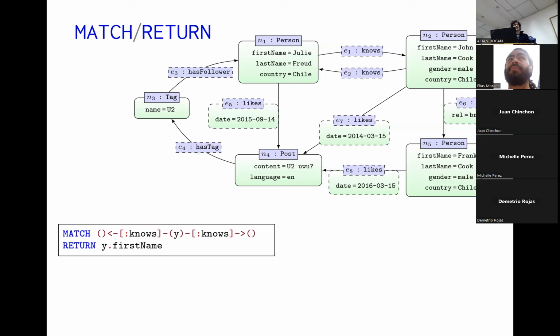So that's the question. It depends on what semantics we apply, because if we apply a homomorphism semantics, a graph homomorphism here, it means that we can send this node here to John, for example, and this node here to John, to say Julie knows John, Julie knows John. So we put John here and the same node here, and it still satisfies the graph.